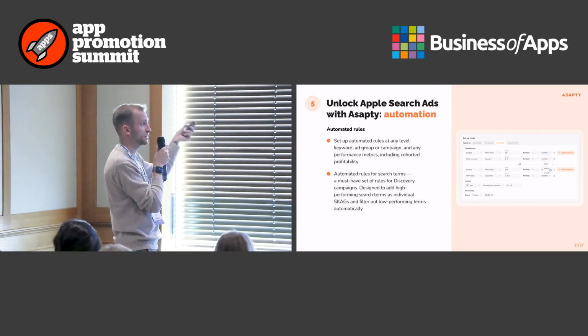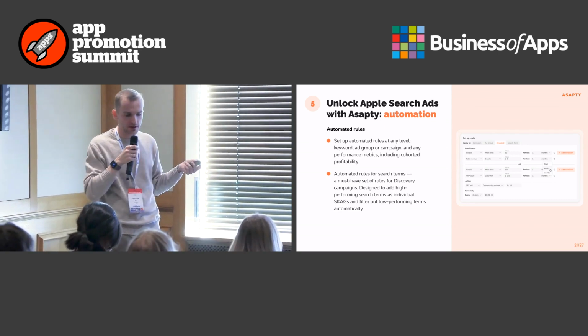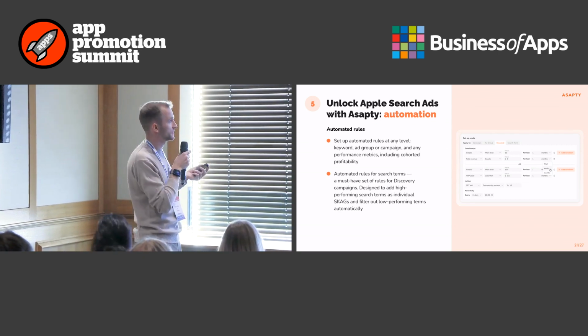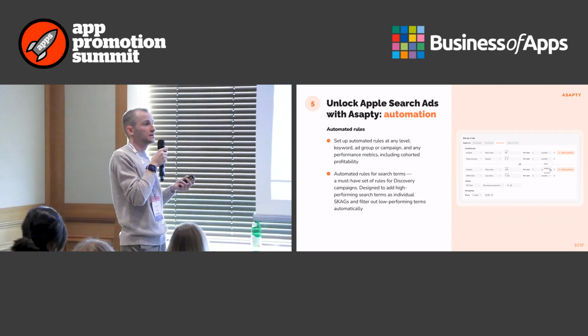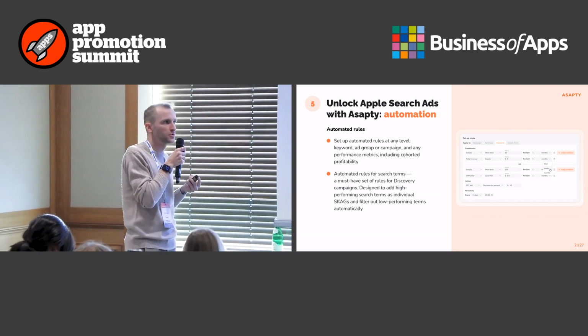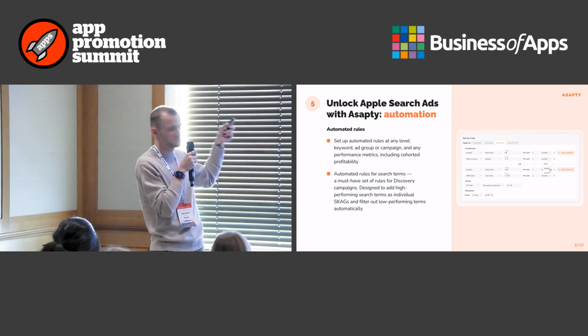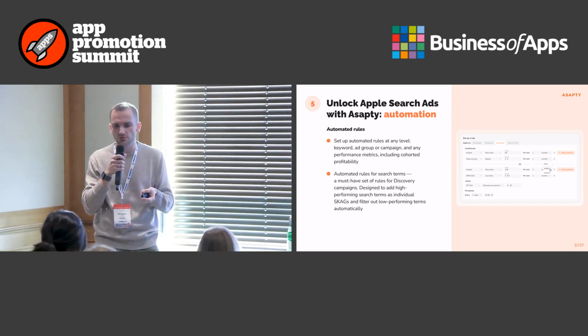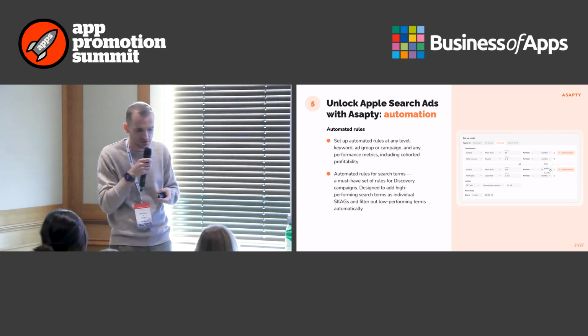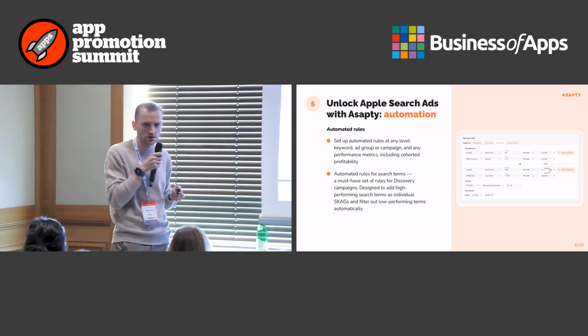And automation. Of course, we have automated rules that you can create by yourself. We have the most boring automated rules for campaign level, group level, keyword level. You can use any performance metric, any MMP metric, so you can do whatever you want.